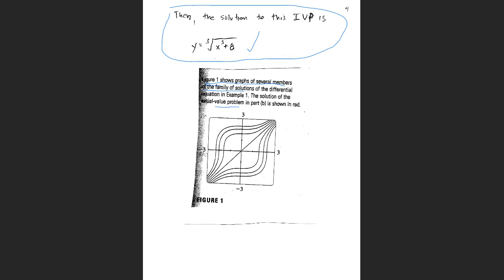We see here, y of 0 equals 2. So there's (0, 2) right there. Here's the solution.